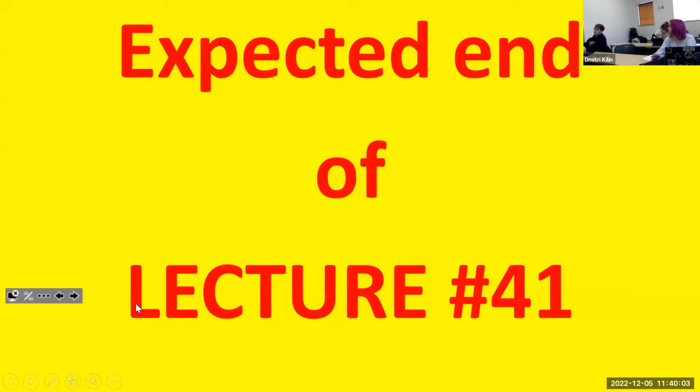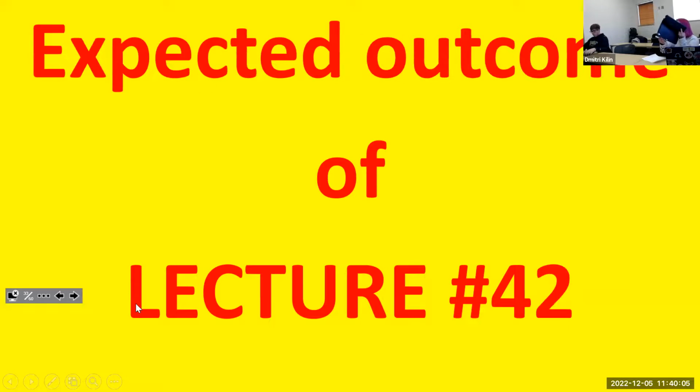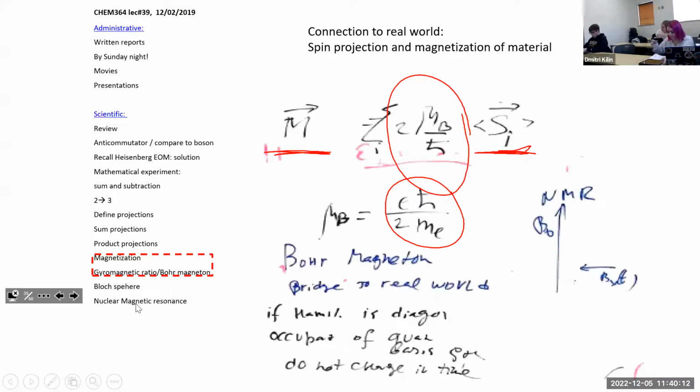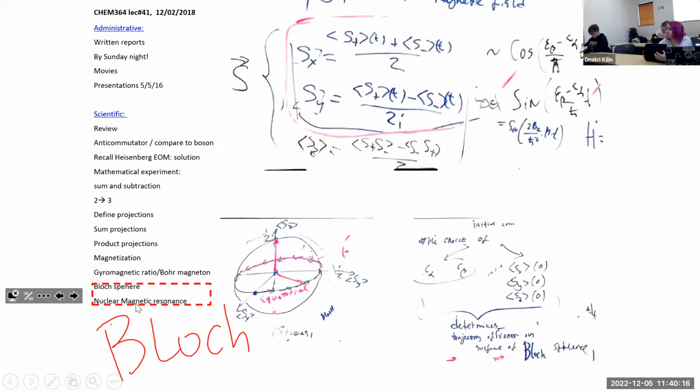And yeah, I was planning to finish here on Friday, and now we need to, for 10 minutes, go to another section. So here is a connection between spin and magnetization. And here is the slide that I plan to arrive at in 10 minutes. So we need to have the solutions for projections Sx, Sy, and Sz.